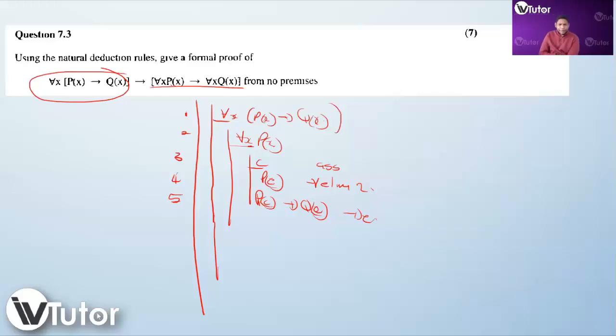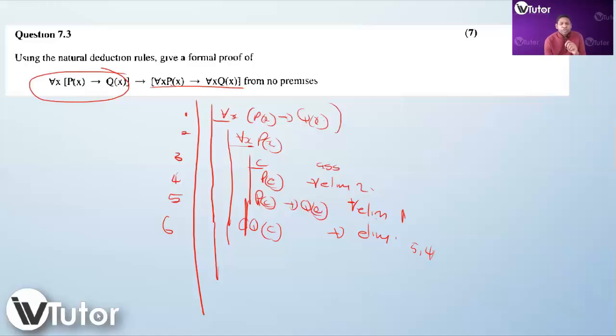Then from 6, we can have Q(x), implication elimination on numbers 5 and 4. Right, and then we have Q(C).